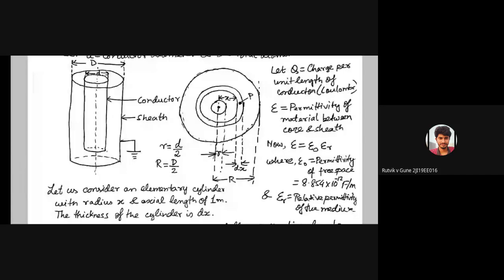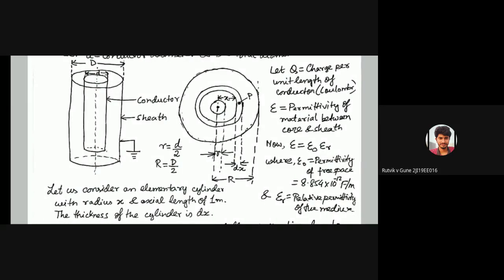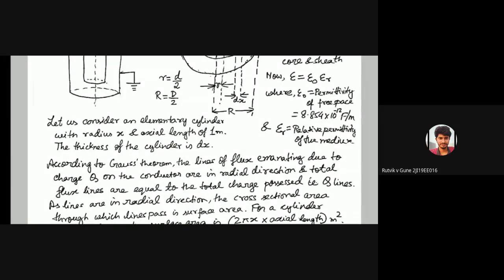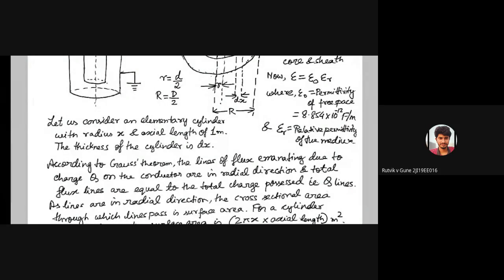Epsilon naught is the permittivity of free space, which has a certain value, and epsilon r is the relative permittivity of the medium. So epsilon equals epsilon naught times epsilon r.